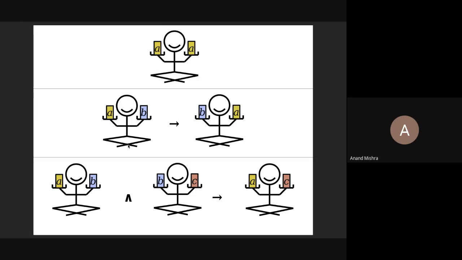If A is related to B, that means B is also related to A. And the third one is if A is related to B and B is related to C, then A is also related to C. If you have such a relationship, then you say that this is an equivalence relation.